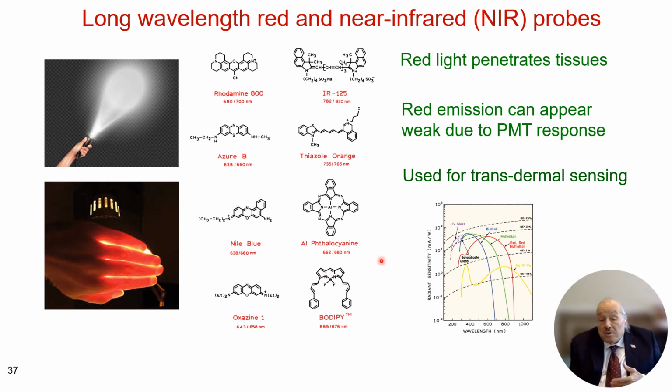And there are numerous experiments with mice and rats where tumors are grown in the mice and the rats, and the tumors are labeled with these long wavelength dyes, typically by their conjugation with some antibodies, and you can actually see them through the animal skin.